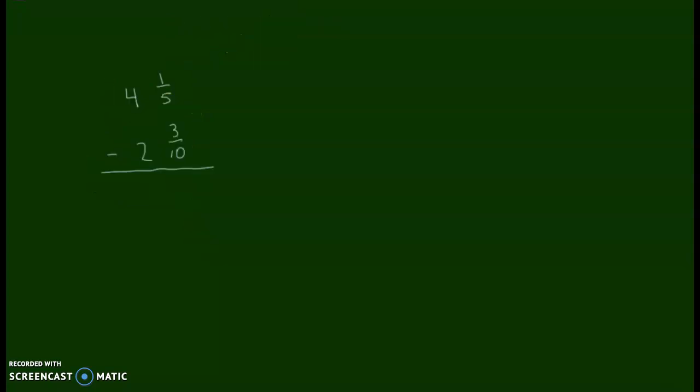Our next sample problem is going to be a mixed number, and looking at the fraction portion of the mixed number, let's start by finding a common denominator. I'm going to find the multiples of 5 and 10. So for 5, I've got 5, 10, and I can stop there because 10 and 10 are the same.